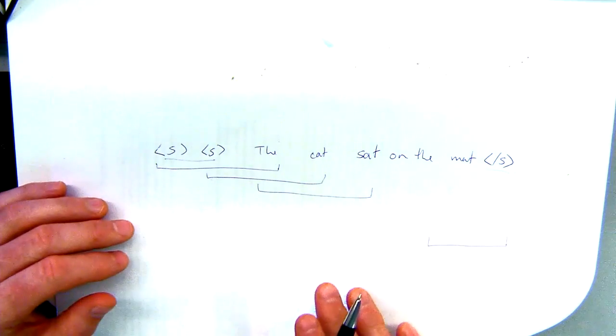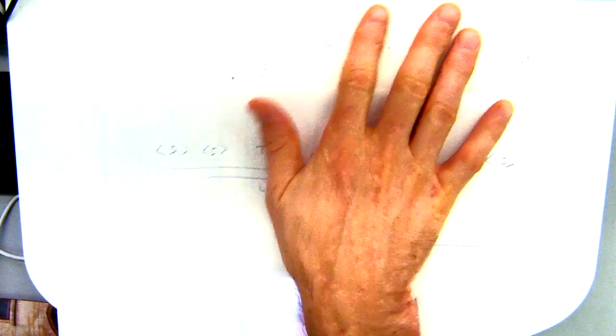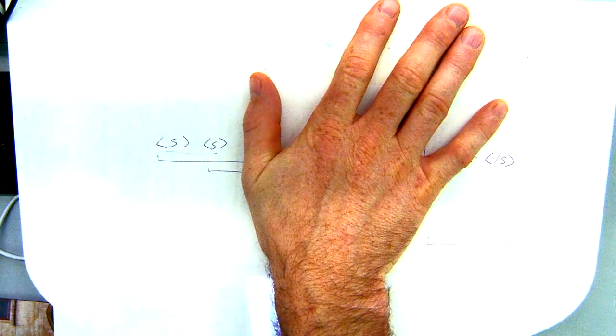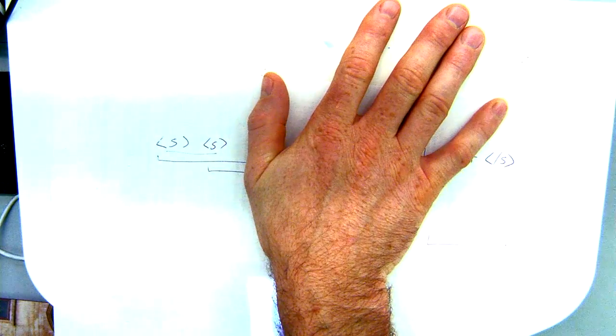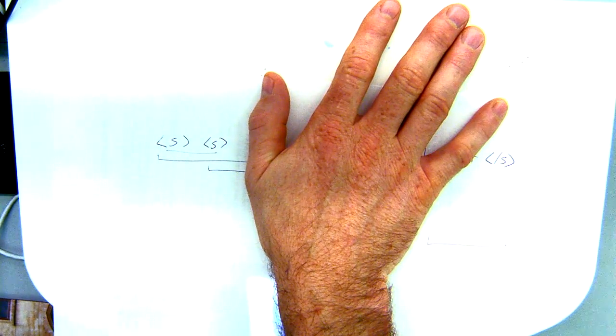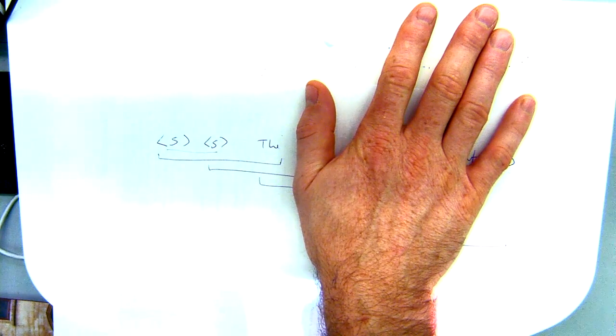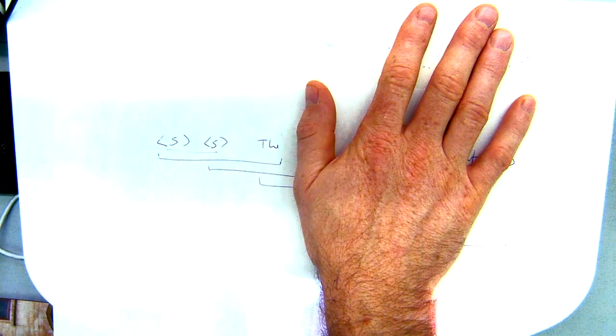You can consider this if you're thinking about the process of actually generating the sentence. Imagine we're starting with just two start symbols, and we have to decide, maybe we sample what the next word is going to be. We're going to choose a symbol. Once we have that, we continue on.